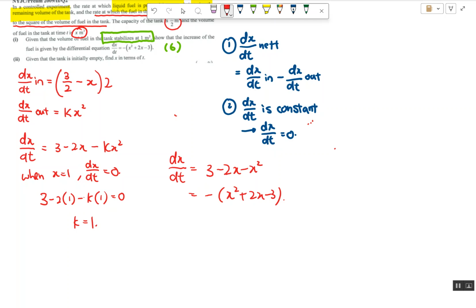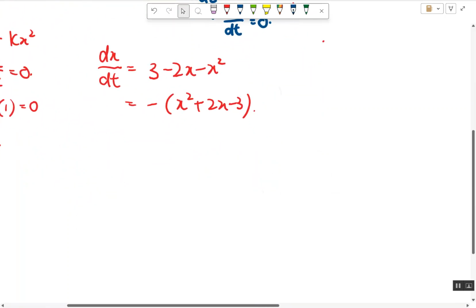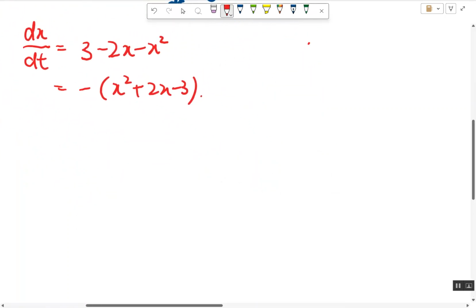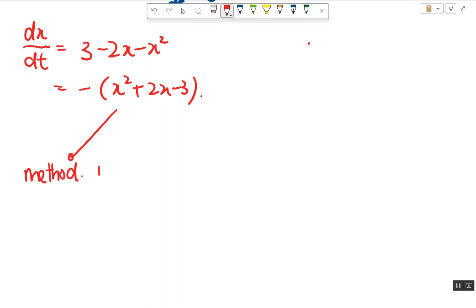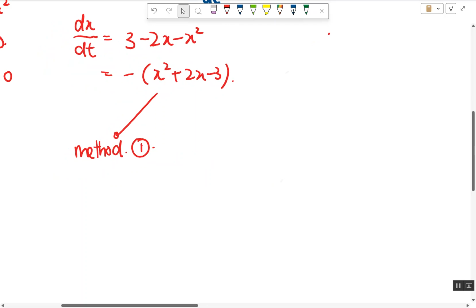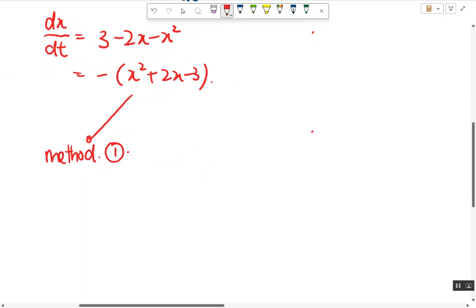Find x in terms of t. When I find x in terms of t, this is a very big learning point. I'm going to give you 2 ways to find x in terms of t, method 1 and method 2. Method 1 is, we go and complete the square regardless of what happened.